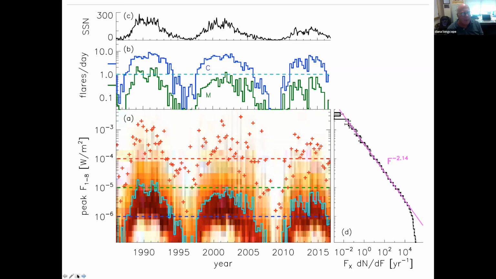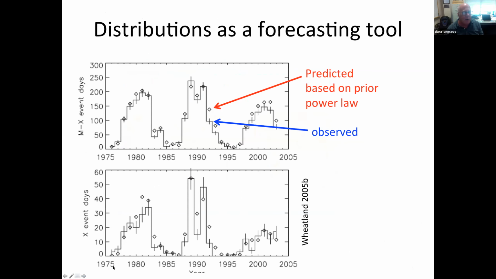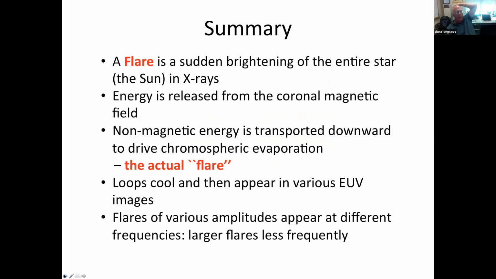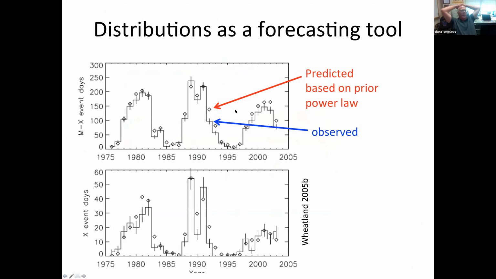But at any time, if you took a bin here, you could figure out the number of M to X class flares you're going to see per day. And you could use the power law and come up with forecasts. You could tell what is the probability that you're going to see an M class flare on a given day.